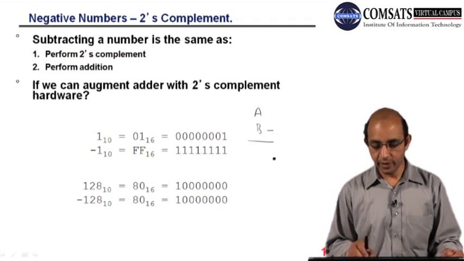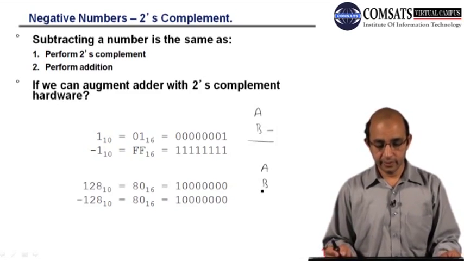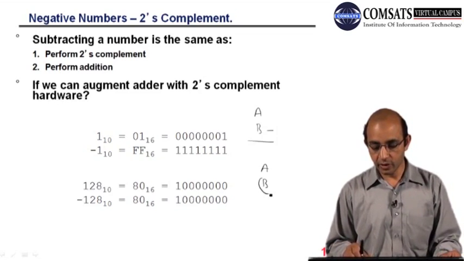If this is A and this is B, what I will be doing is taking the 2's complement of this number, and then I will be performing the addition. How can we normally take the 2's complement of a binary number?